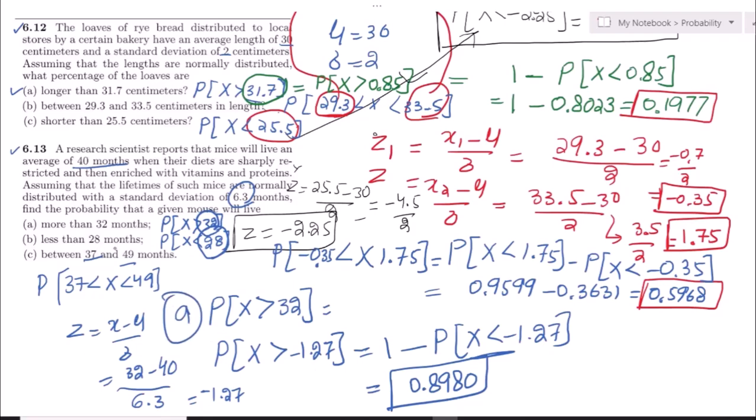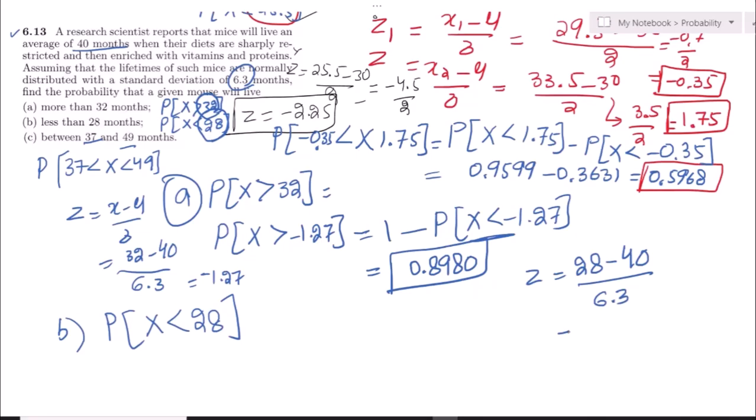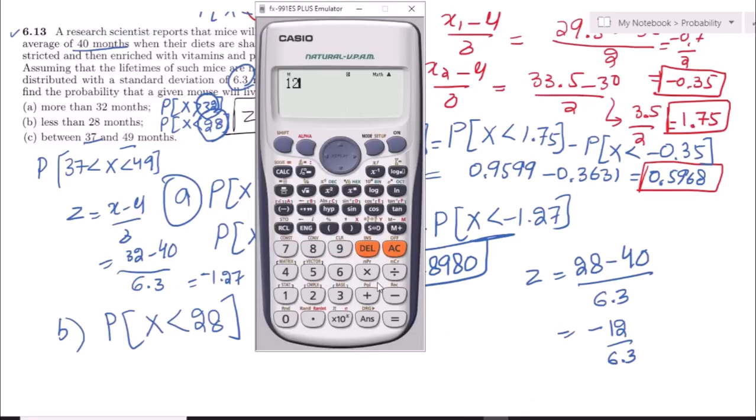Less than 28 months means, let us move down somehow. This is part B. So we need to find out the probability that X is less than 28 months. Let me find the value for Z here. So that would be X minus mu, which is 40, divided by 6.3. Here it would be minus 12 divided by 6.3. So 12 divided by 6.3 is 1.90.